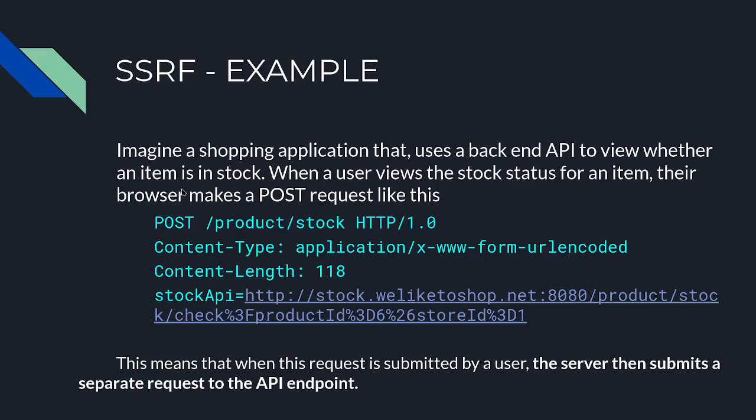Whenever you visit the server and check for a product's stock, this application sends a request to this backend API, which is located at stock.weliketoshop.net. So when any user visits this server, the server then submits a separate request to this API endpoint.